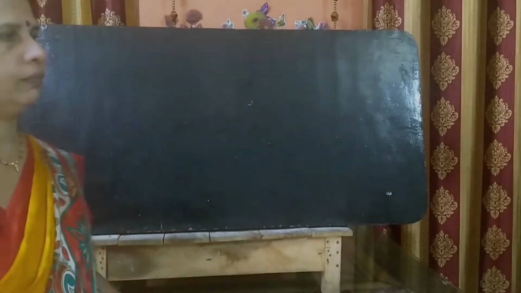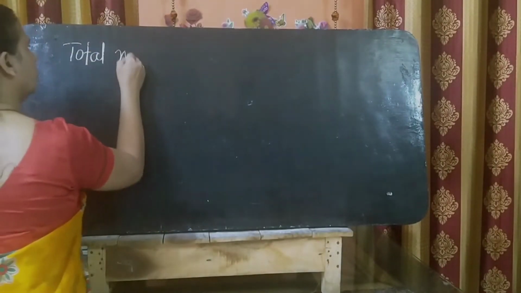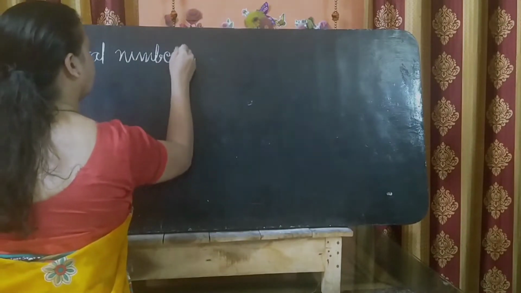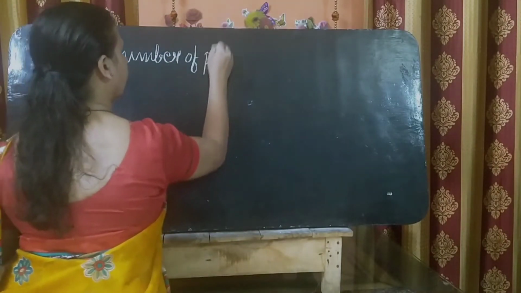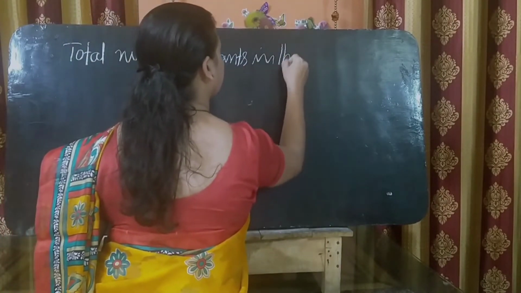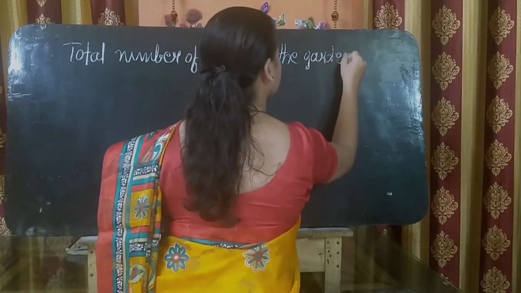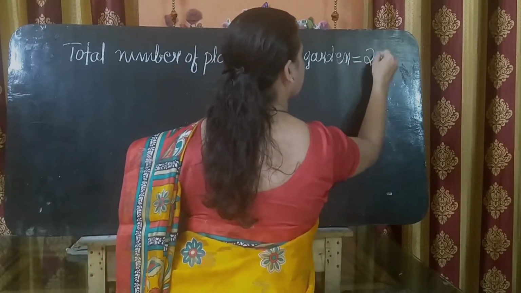Children, what is the total number of plants in the garden? 2025. Total number of plants in the garden equals 2025.